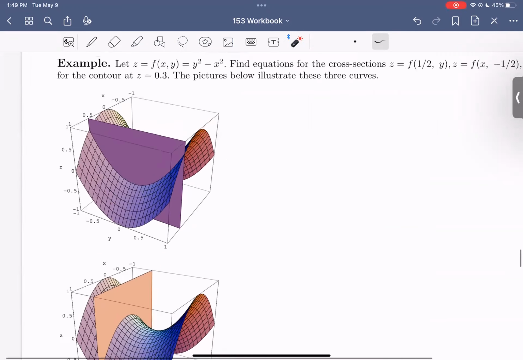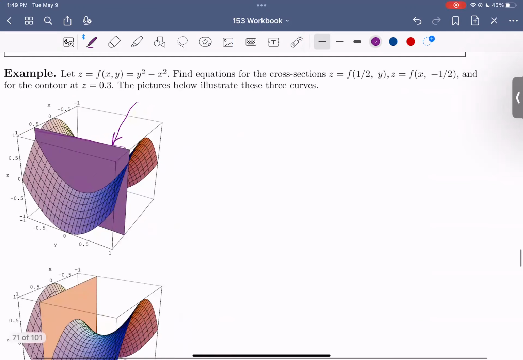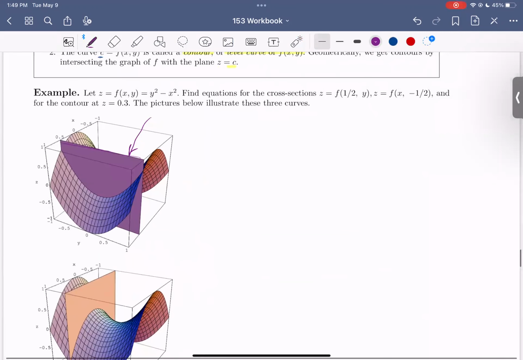In this first picture, we're looking at when x is only equal to 1/2. Notice this is the x-axis, and we see that x is 1/2. We're intersecting our surface with a slice that cuts the x-axis at 1/2.